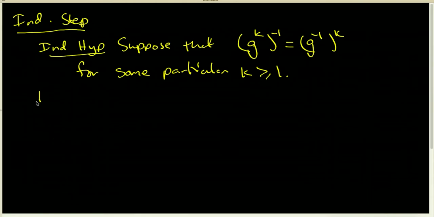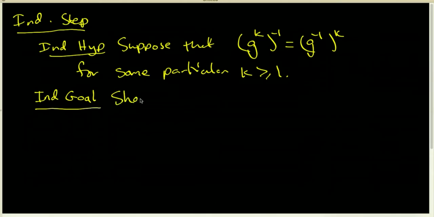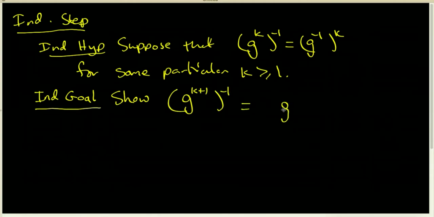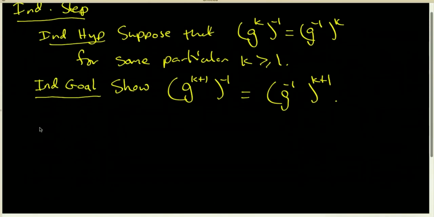I also typically take the time to write down what my induction goal is. I need to show that g to the k plus 1's inverse is equal to g inverse raised to the k plus 1. And now what I want you to do is look at this argument.